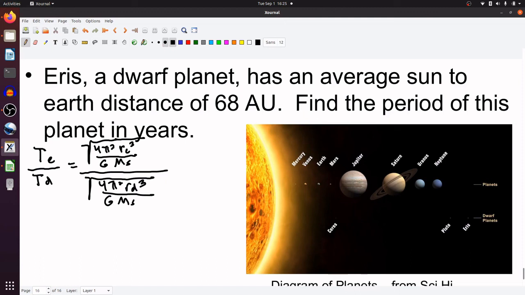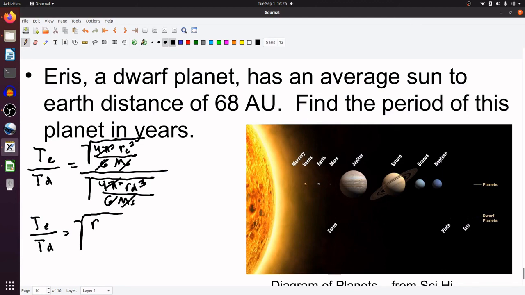The reason I did this is because I see off the bat that G and 4 pi squared, and since both us and Eris are rotating around the sun, cancel, that's just going to give me RE cubed over RD cubed. So let's write that out. Well, root of that, I'm sorry, I didn't quite specify it. I should have. So TE over TD, and that's just like saying it's all under one big square root.